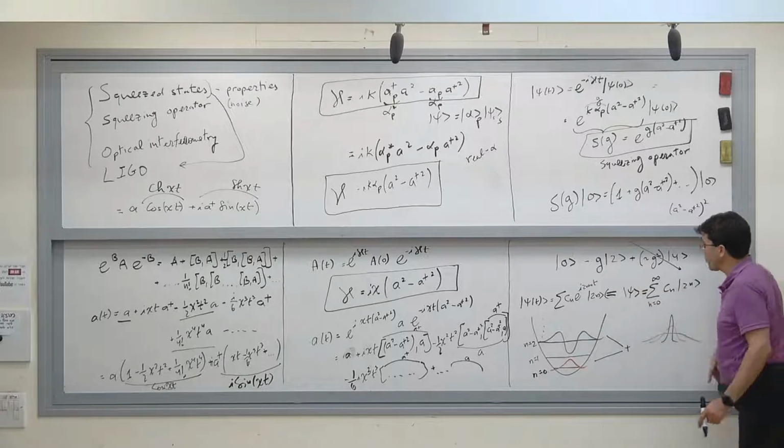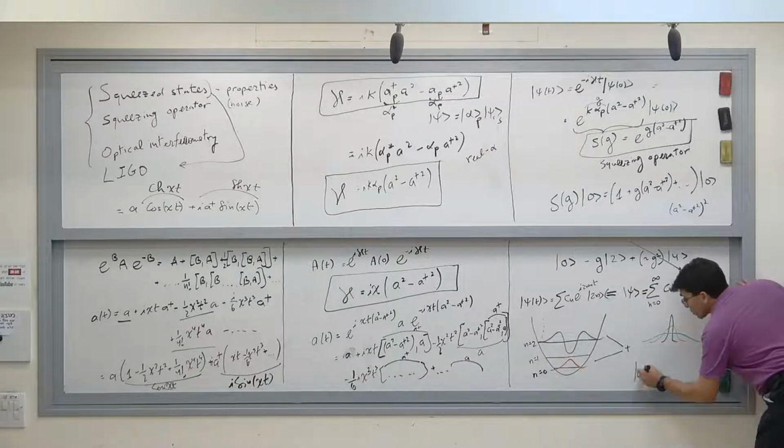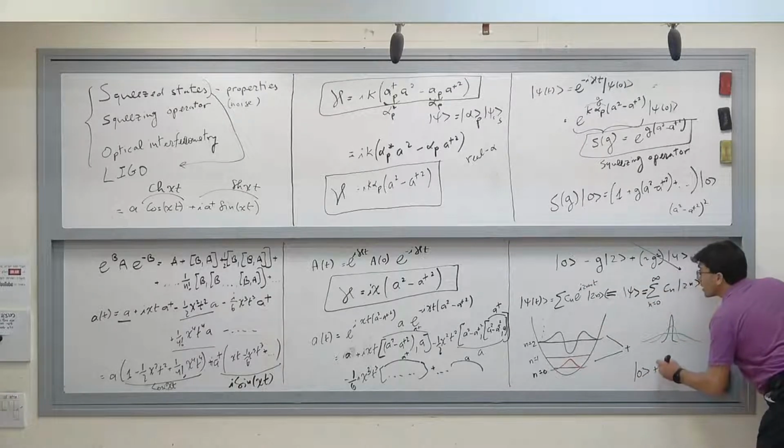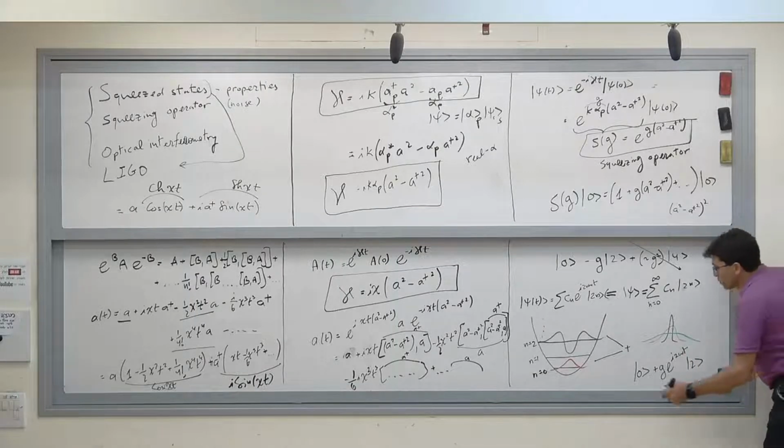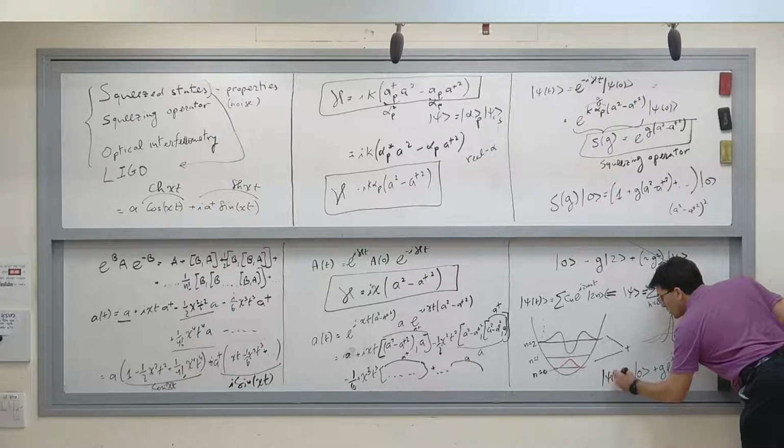How does this state evolve? It actually evolves as being 0 plus or minus g times e to the I 2 omega t times t2. This is how psi of t looks like.